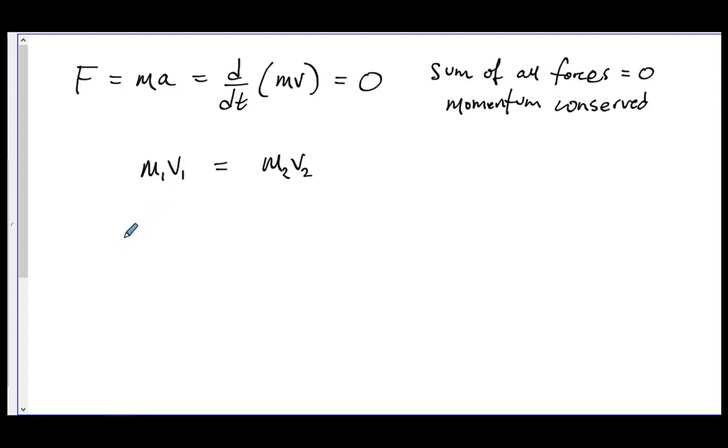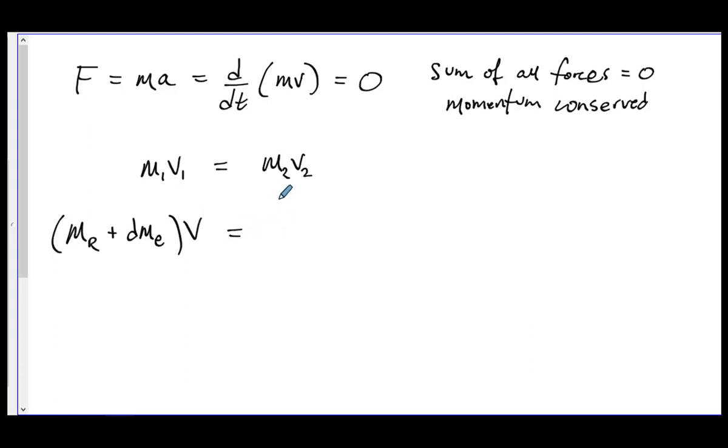Now let's break up this part into the mass of a rocket and some incremental mass that is exhaust. That is the initial mass, times some initial velocity of the rocket.